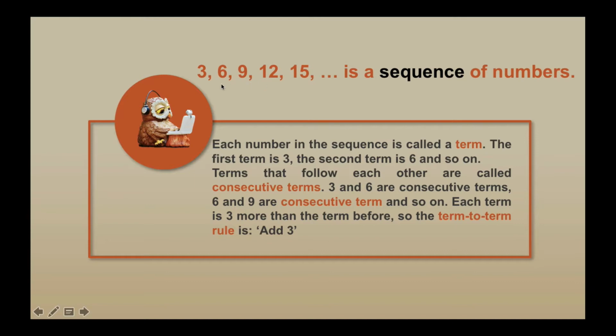Each term is 3 more than the term before. So 6 is 3 more than 3, and 9 is 3 more than 6, 12 is 3 more than 9, 15 is 3 more than 12, and so on. So the term-to-term rule is add 3.